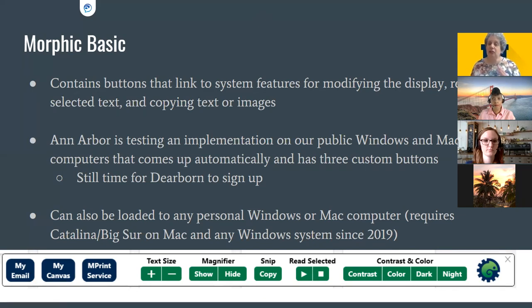Okay, so again, Morphic Basic can be downloaded at no charge. I believe you don't even have to sign up. All you need is a Windows computer running a version of the operating system from 2019 or later, or a Macintosh computer running the Catalina or Big Sur operating systems, and you will be able to use the Morphic Basic toolbar. Next slide, please.